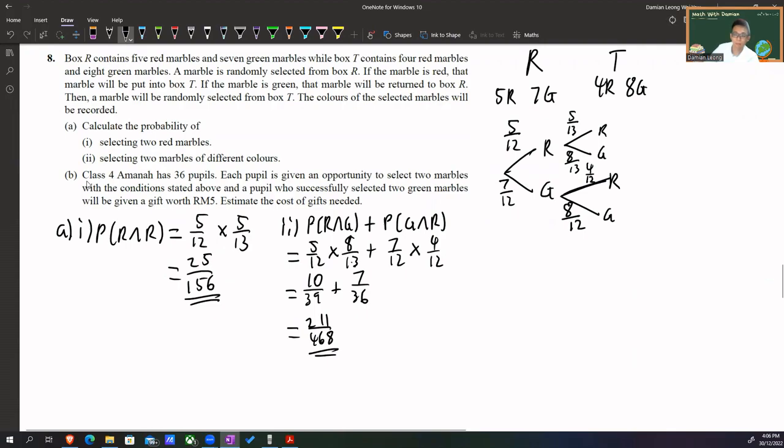That's part A. And part B, class 4 Amana has 36 pupils. Each pupil is given an opportunity to select 2 marbles with the conditions stated above. And the people who successfully selected 2 green marbles will be given a gift worth 5 ringgit. Estimate the cost of gift needed.